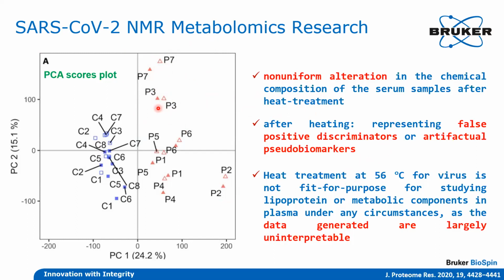So the behavior of most of the samples will change, and you will introduce false positive discriminators or artifactual pseudo biomarkers. So this is the second reason why, when we work with SARS-CoV-2 samples using the NMR metabolomic approach, we do not need to apply the heat treatment.